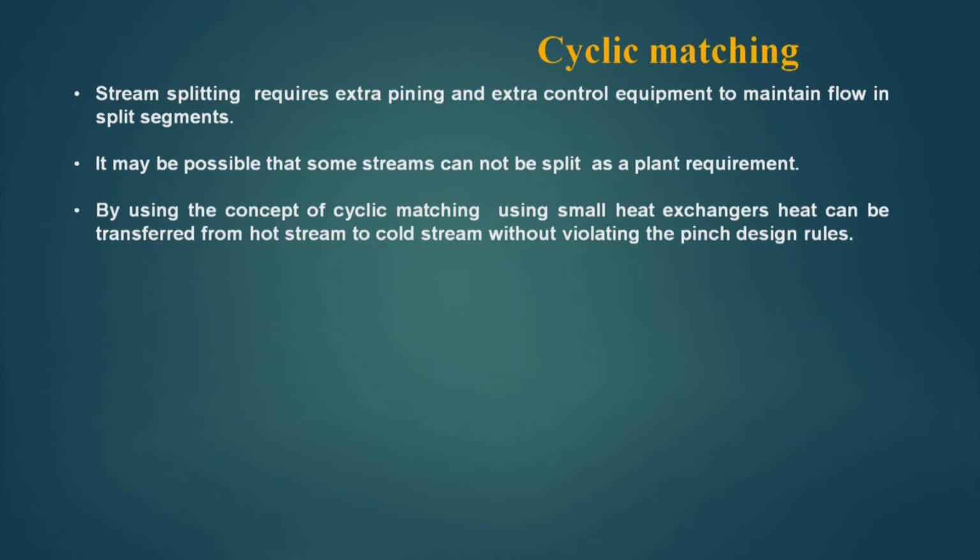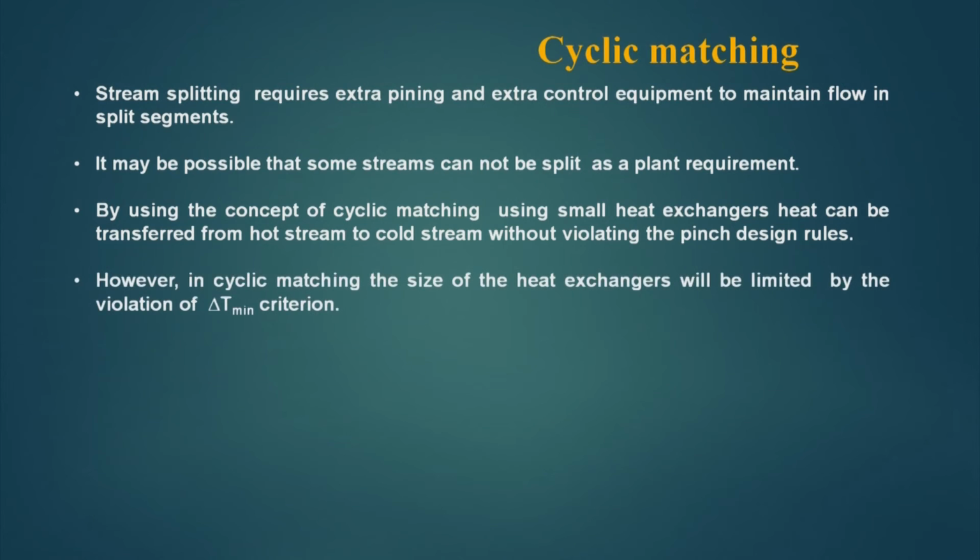By using the concept of cyclic matching, using small heat exchangers, heat can be transferred from hot streams to cold streams without violating the pinch design rules. However, in cyclic matching, the size of the heat exchangers will be limited by the violation of the delta T minimum criteria.